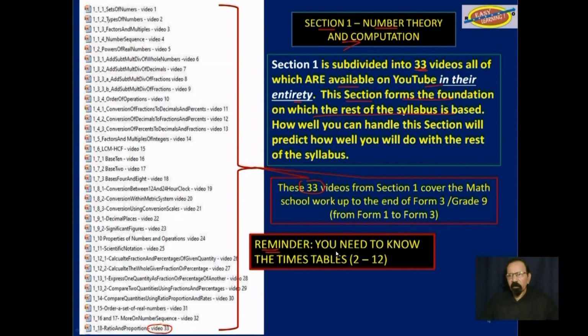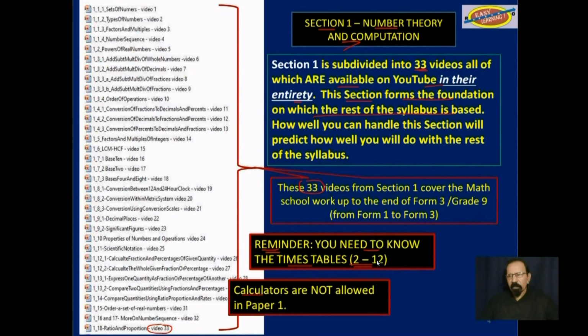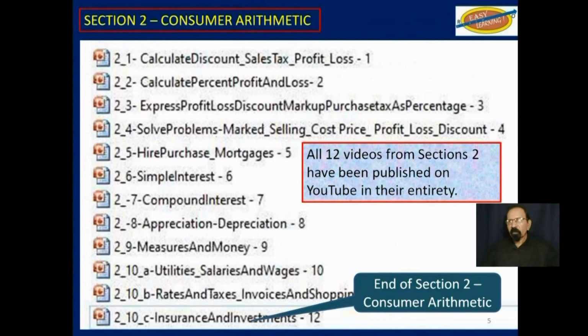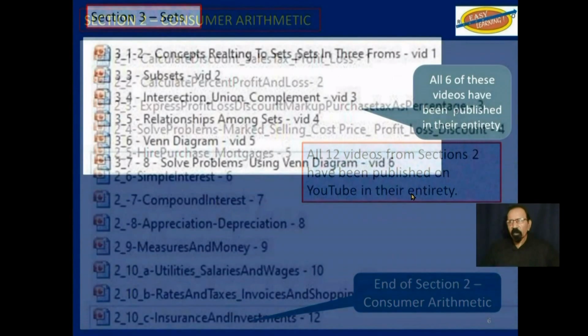A reminder here, you need to know the times tables from 2 to 12, especially since calculators are not allowed in paper 1. From section 2, consumer arithmetic, as I just said, all 12 of these videos have been published on YouTube in their entirety.